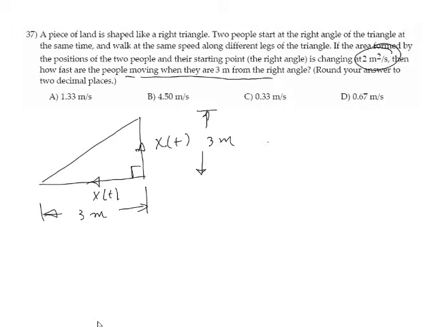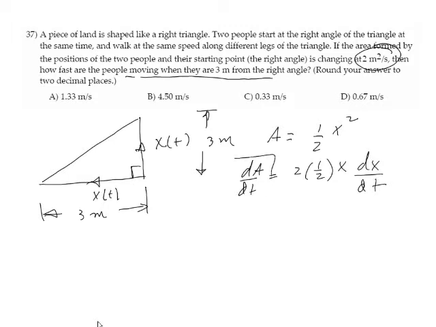The area of this triangle is 1/2 x squared. That's 1/2 the base times the height. So x is changing. x is a function of time. So dA/dt is equal to 2 times 1/2 times x dx/dt.